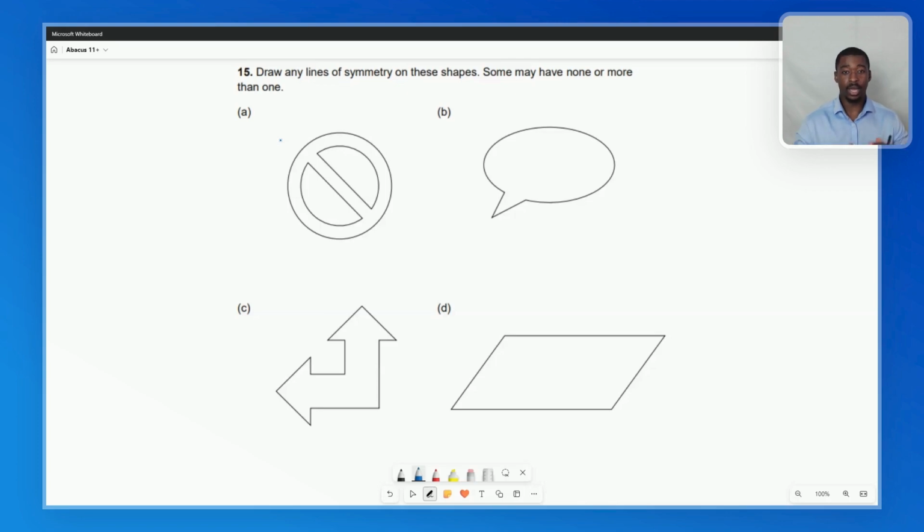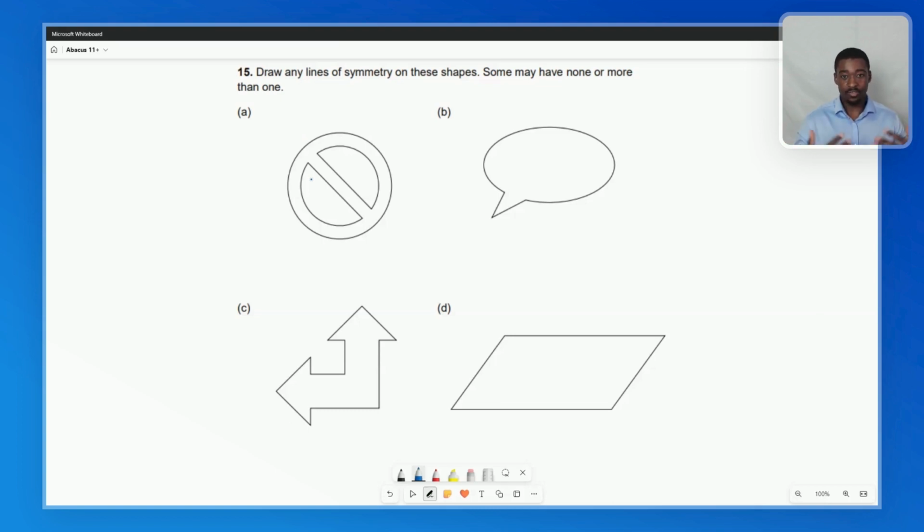The main thing I want us to think about is drawing lines that cut through the shape, that if we were to fold that shape over that line, there would be no overlaps.